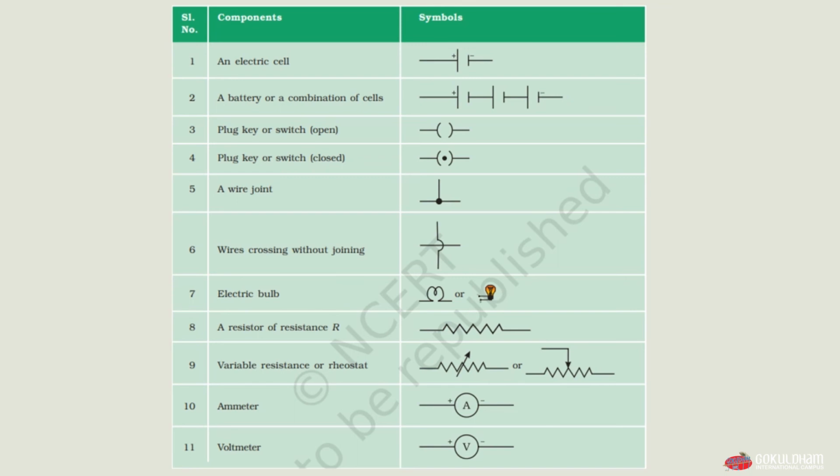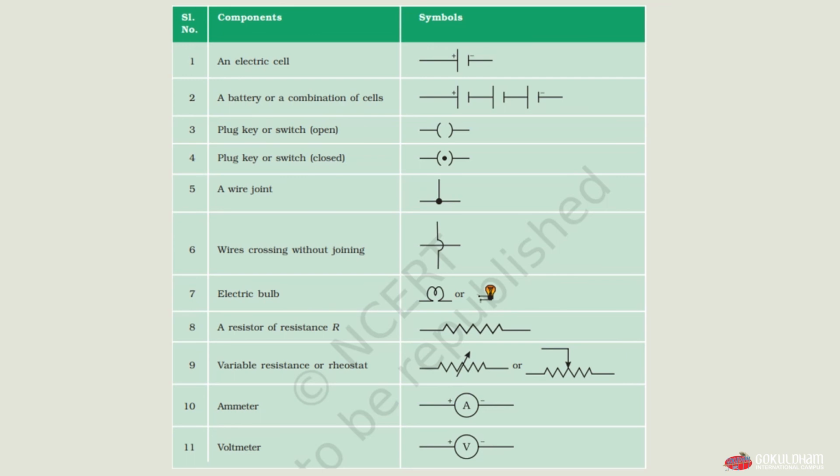Third one is a plug key or a switch which is open. This is the symbol for a plug key or switch which is off or open. In the fourth diagram, the same symbol of a plug key or switch is given, but when it is closed. You can see a dot inside this symbol, which represents that the plug key or switch is closed.